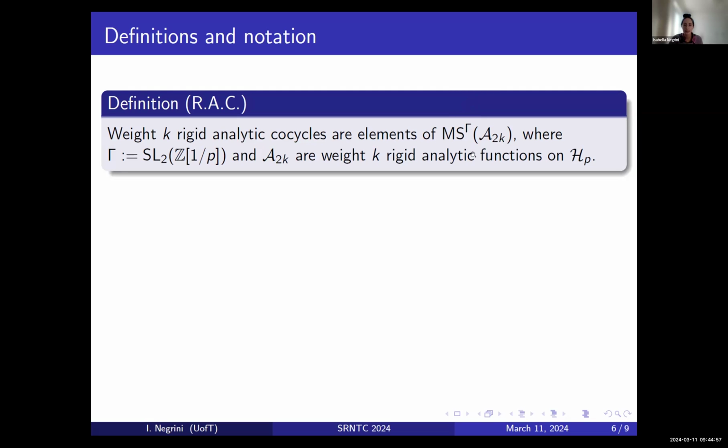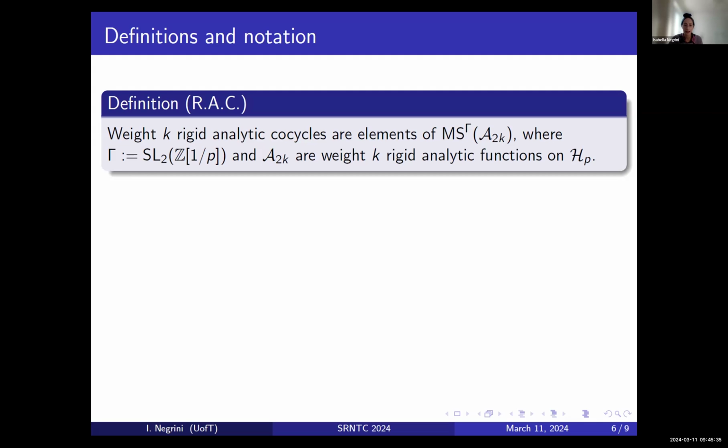Originally, these rigid cocycles were defined as actual cocycles in the group cohomology, H^1 of Gamma with values in A_{2k}. But because they were in the parabolic cohomology, the parabolic cohomology of Gamma with values in A_{2k} is exactly the same as this space of modular symbols, which are Gamma invariant in this case. So we use modular symbols because they're easier to deal with than actual cocycles in the cohomology.